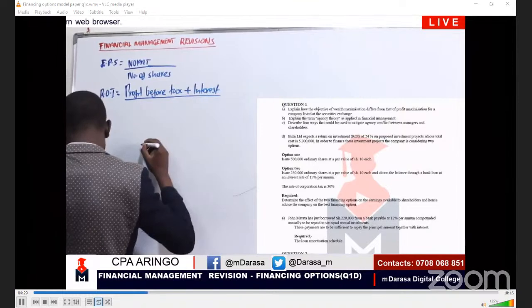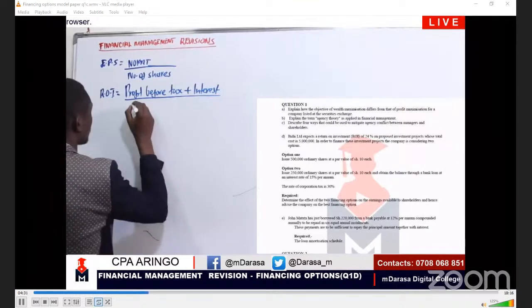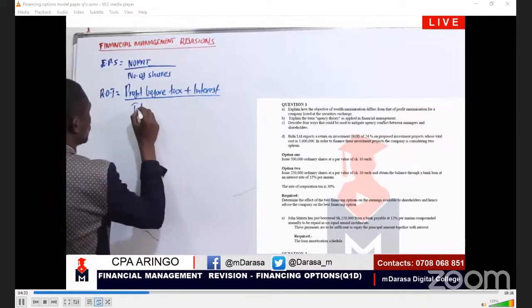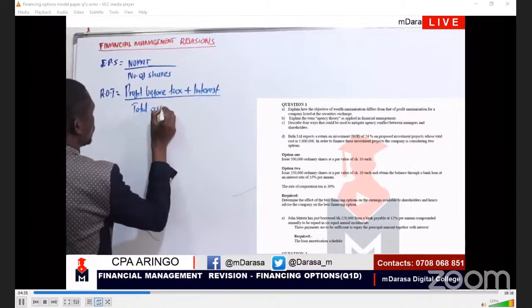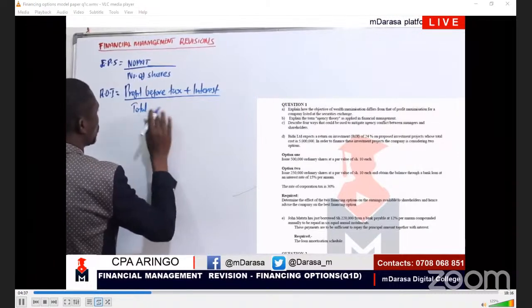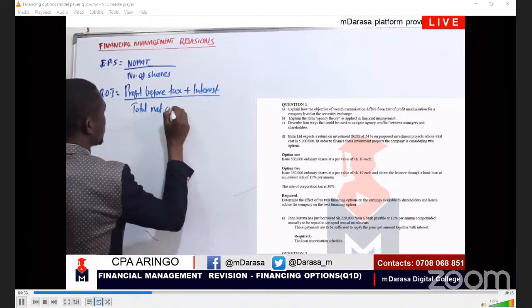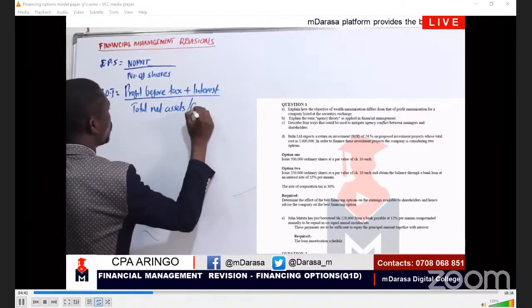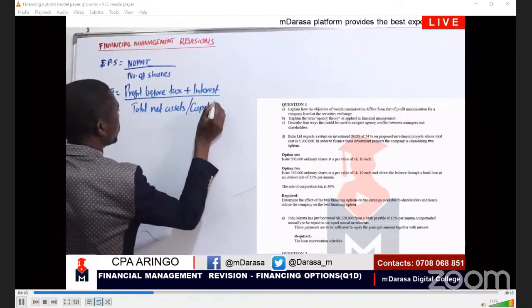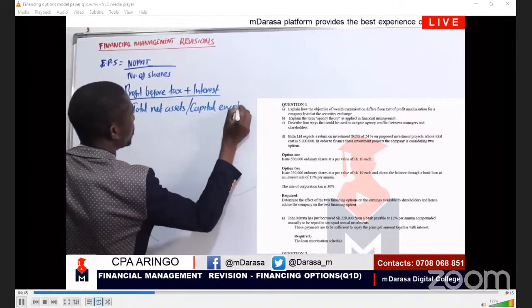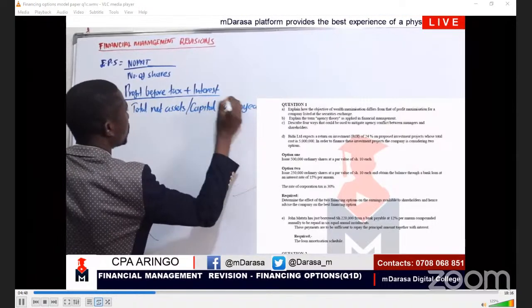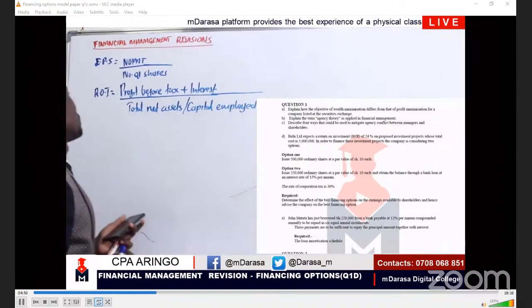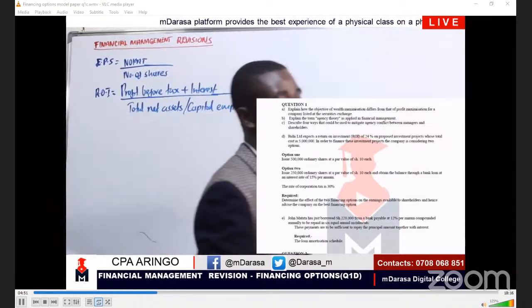We divide all this by total assets, or rather total net assets. In other words, you're talking of capital employed. This is how we normally tend to determine our return on investment.